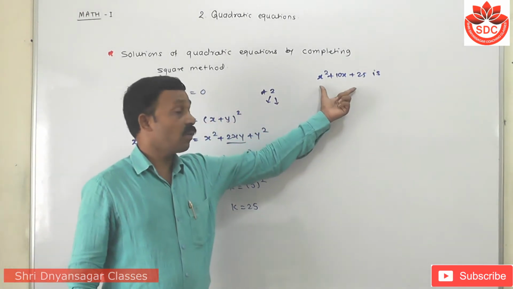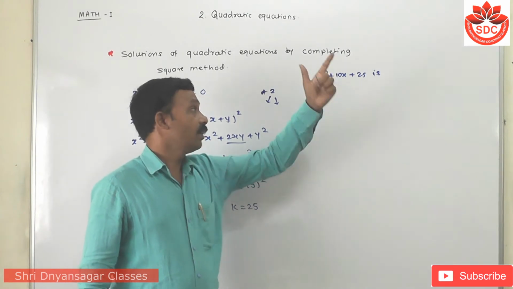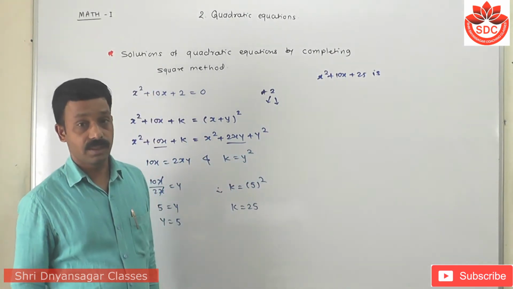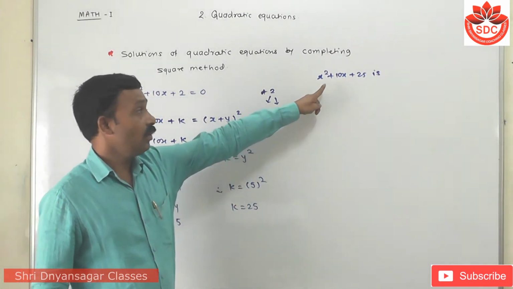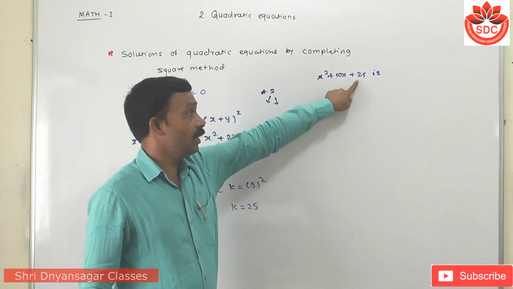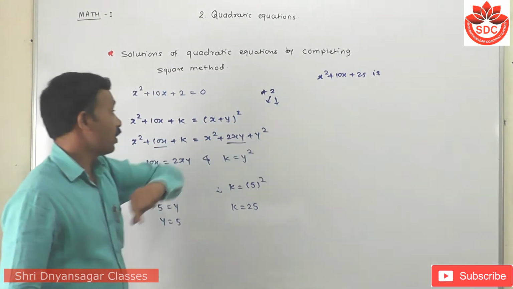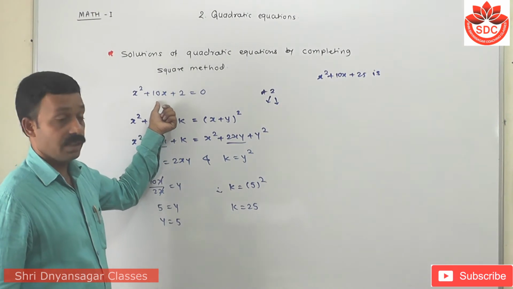This is a quadratic equation, and we can find this solution by using the factorization method also. Now students, we use this plus 25 for the completing square of this example.